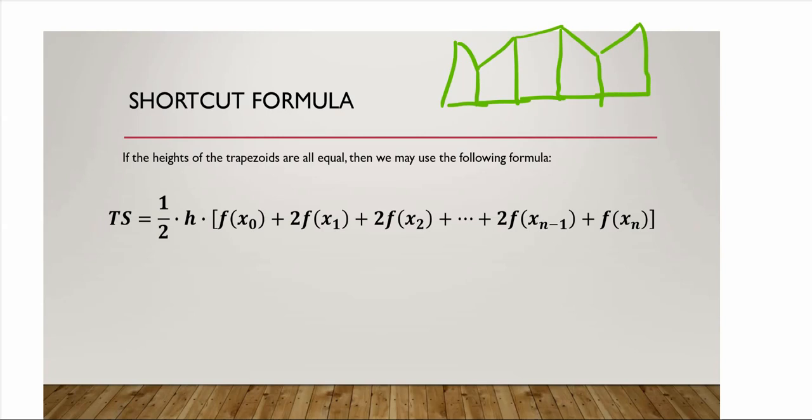Here's what you need to understand for the shortcut. If this is 3 and this is 3 and this is 3 and this is 3 and this is 3, I can use the shortcut because my height is 3 for all of them.